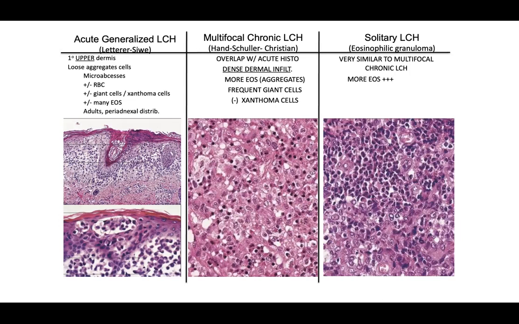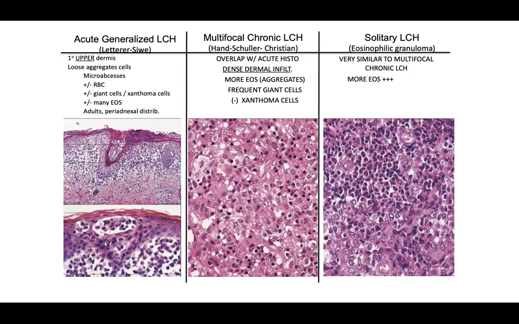Again, in my opinion, if you've got destruction of multiple cells, the cholesterol will leak out and be absorbed by other histiocytes. So in my opinion, you can see pretty much any cell type within the multifocal chronic LCH as well. The most important thing is the dense dermal infiltration of Langerhans cells.